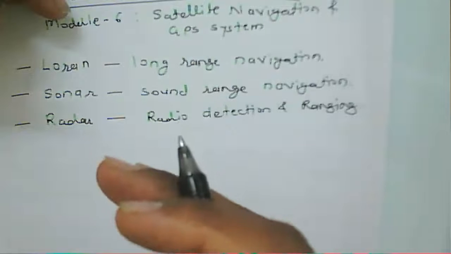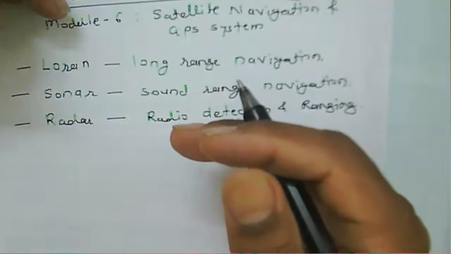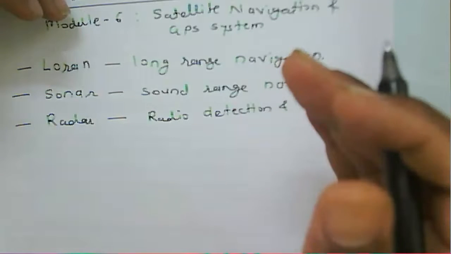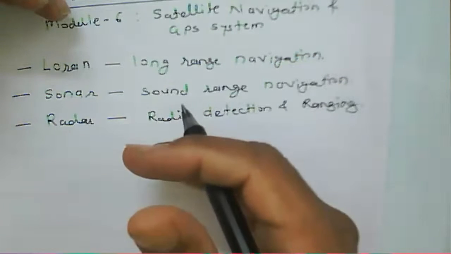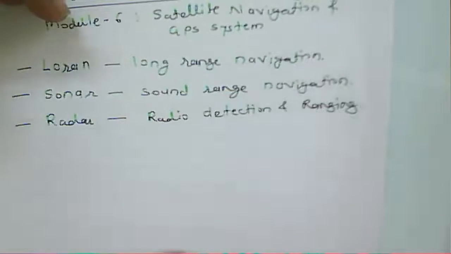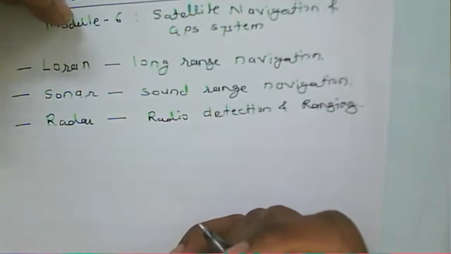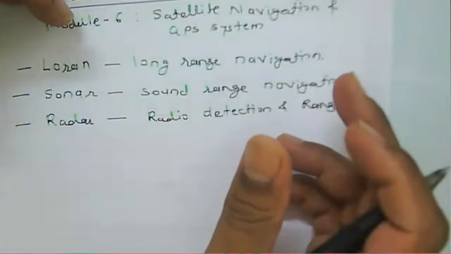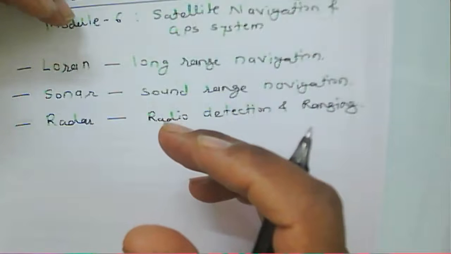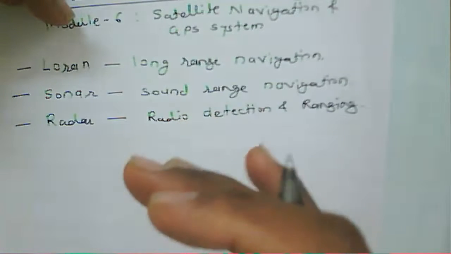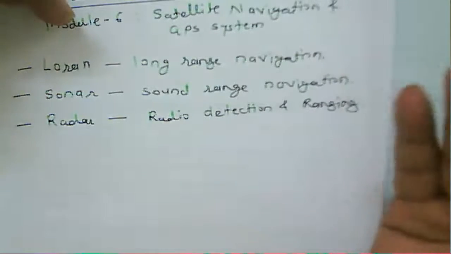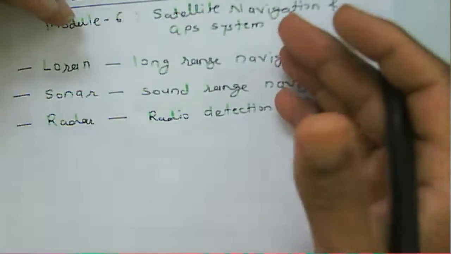So for position, we need to know the distance between the satellite and ourselves, or you can say the distance between the transmitter and the receiver. So we will get the position, and for that purpose we need to know the timing for sending the data from the transmitter to the receiver. So we should know that accurate timing.